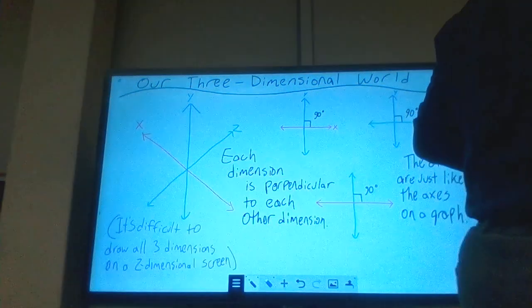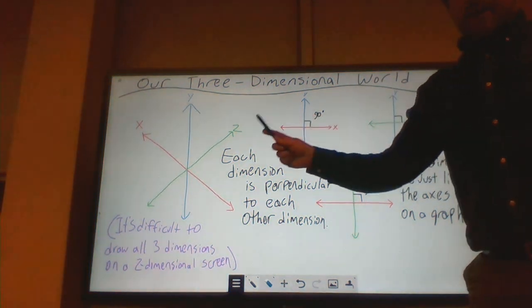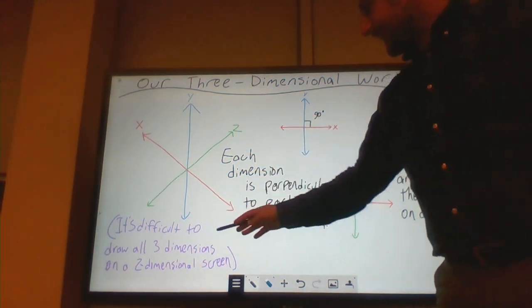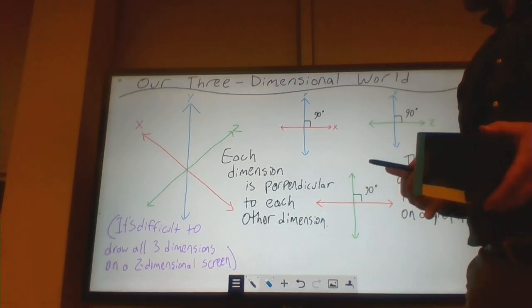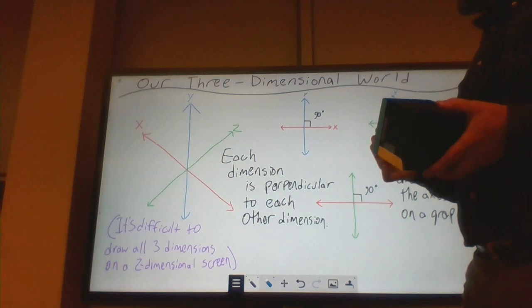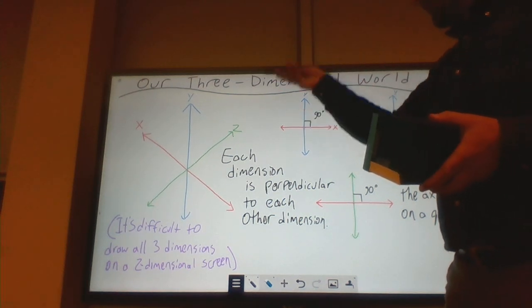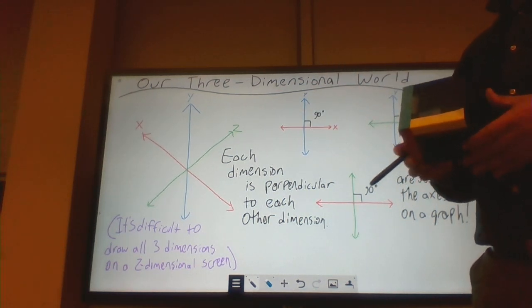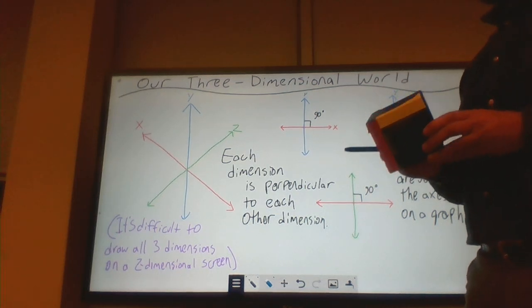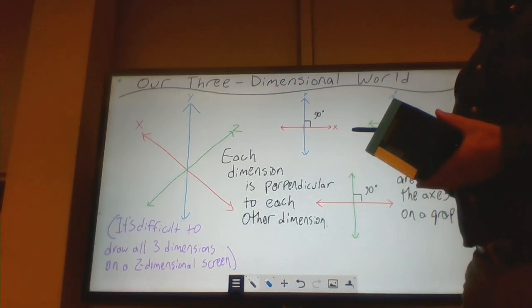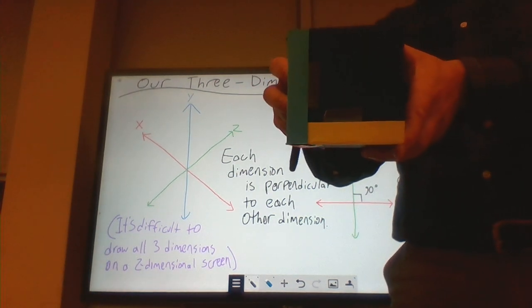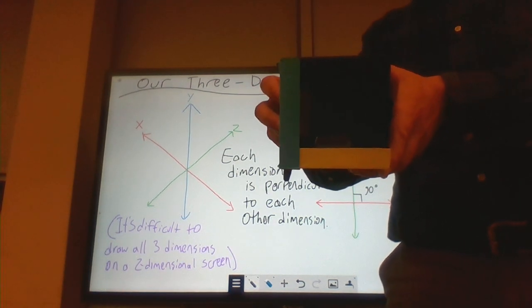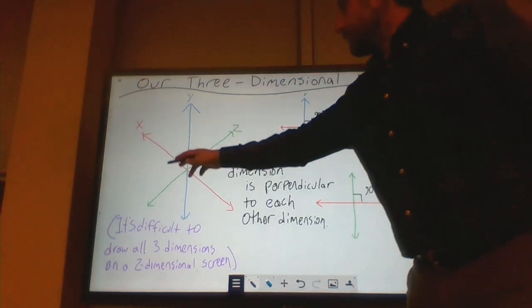And if you look at the screen here, I wrote a little note right away saying it's difficult to draw all three dimensions on a two-dimensional screen. The reason for this is because this is a two-dimensional space. And with three dimensions, it's really hard to perceive those 90-degree angles, because if you're looking at it straight on at a 90-degree angle, you can't even see the third dimension at all. So we have to draw it a little bit weird like this.